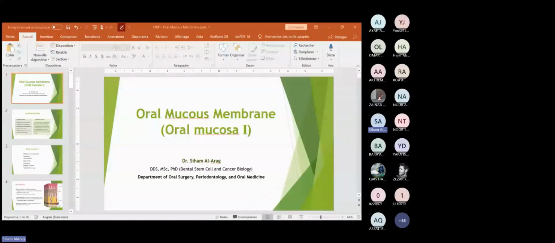If you compare the oral mucosa to the skin, the skin is a highly keratinized membrane, while the oral mucosa is mostly non-keratinized. 60% of the oral mucosa is non-keratinized.